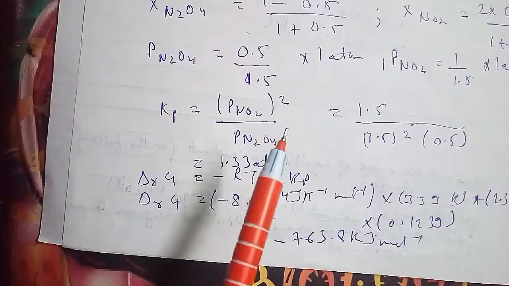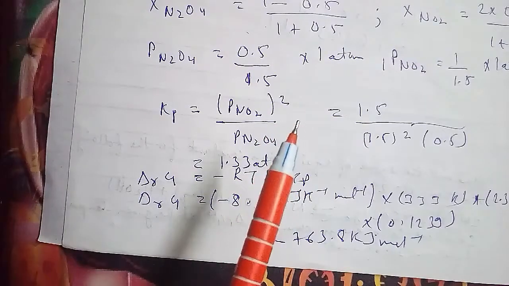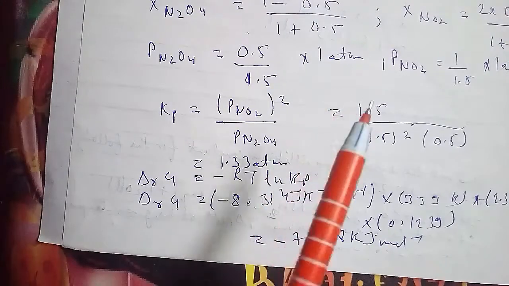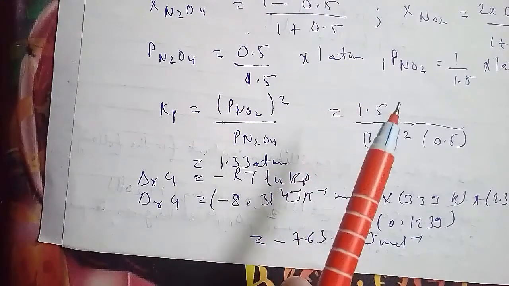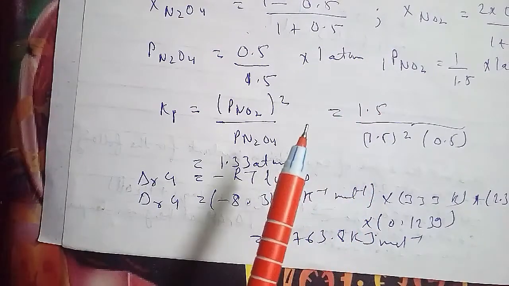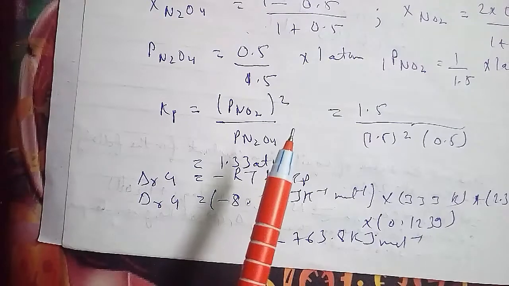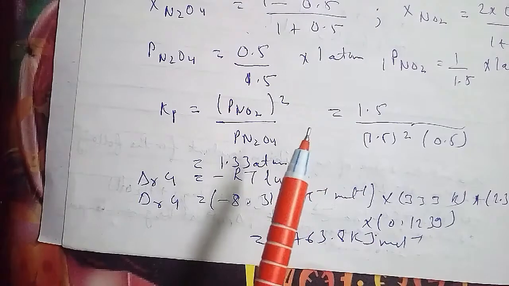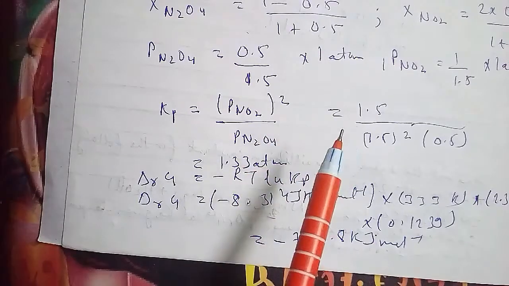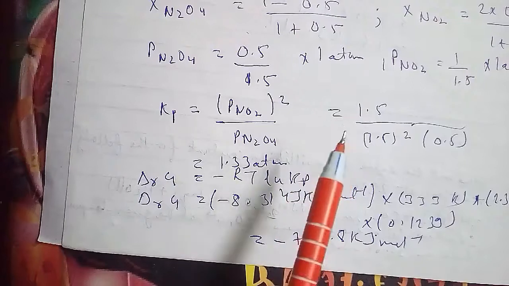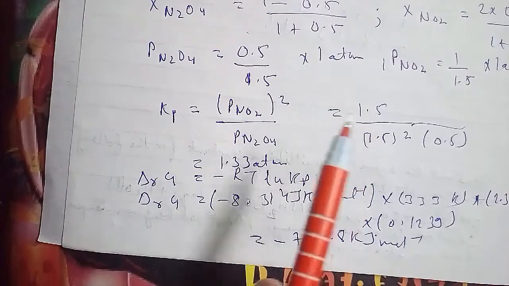For unit 3, we discussed the classification of elements and periodicity in properties: why do we need to classify elements, genesis of periodic classification, modern periodic law and the present form of the periodic table, nomenclature of elements with atomic number greater than 100, electronic configuration of elements and the types of elements, that is s block, p block, d block and f block, and periodic trends in properties of elements.